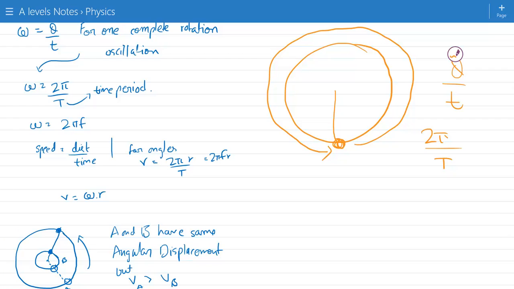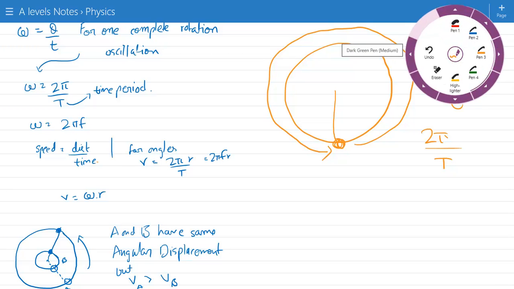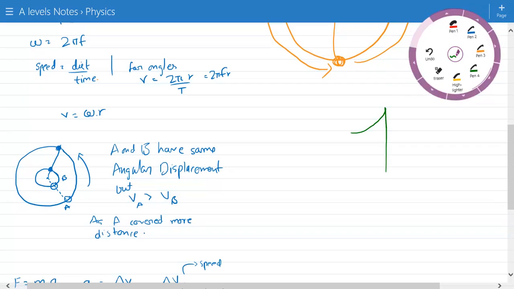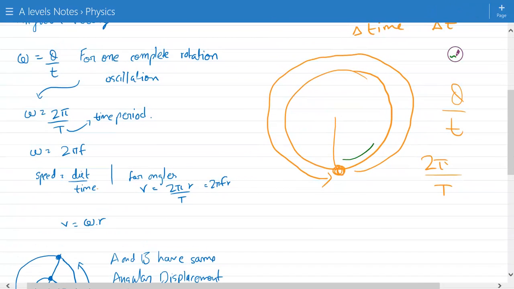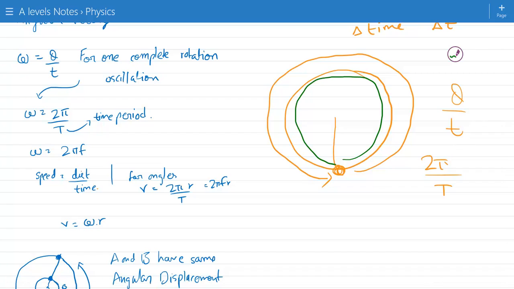You know that speed equals the distance over time, right? Now for angles, that can be converted to 2 pi r, which is a circumference. So 2 pi r is a circumference, this entire thing, right? That's our distance because that's what's being covered, divided by the time period. So you essentially get to this part, and then again with the simple derivation you get to that part.